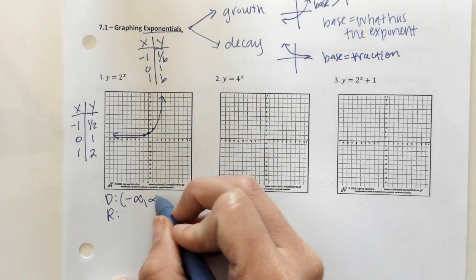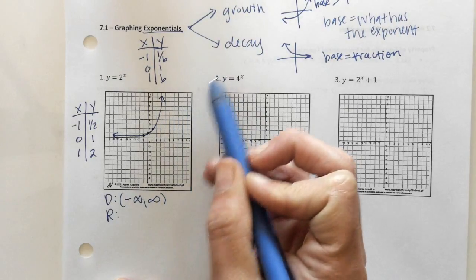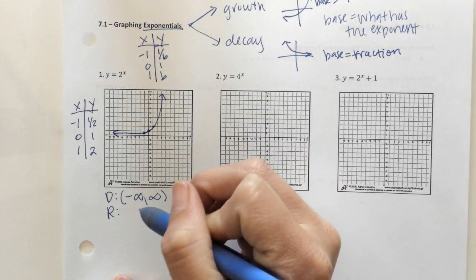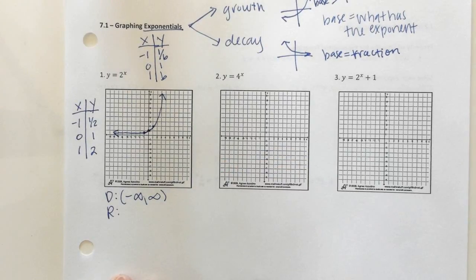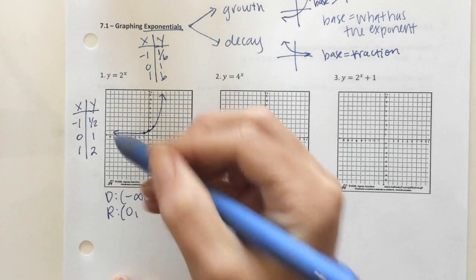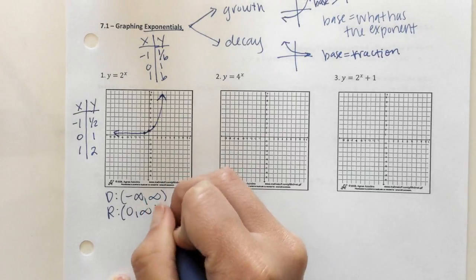Positive infinity. Good. As this goes up forever, this is going to go this way forever, right? Alright, how low does our graph go? Range, talking about y values. It's not going to go past what? 0. Good, we talked about that. No negative exponents. How high is our graph going? Very good.